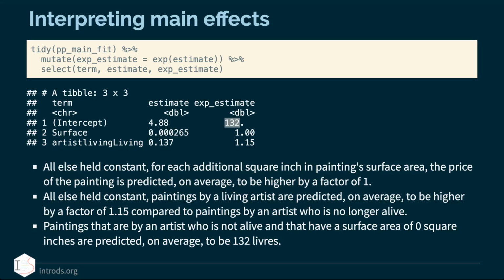If we think back to the distribution of the price that we saw at the beginning of this whole saga, that's not a very likely price to begin with, and we're not going to have paintings with surface area of 0. So here's another situation where the intercept is not really meaningful.